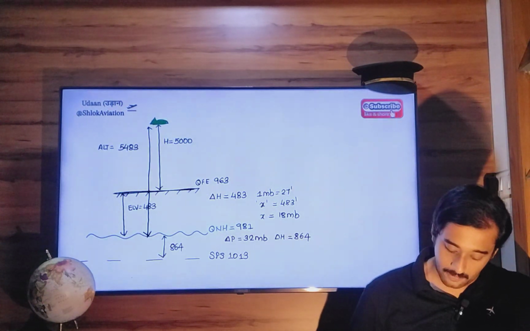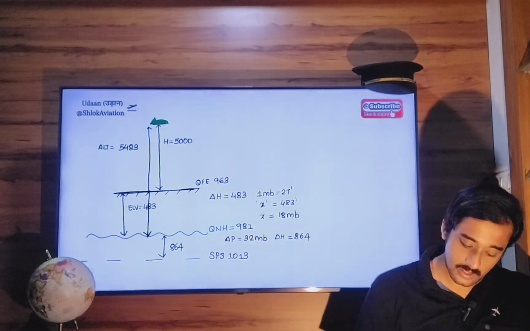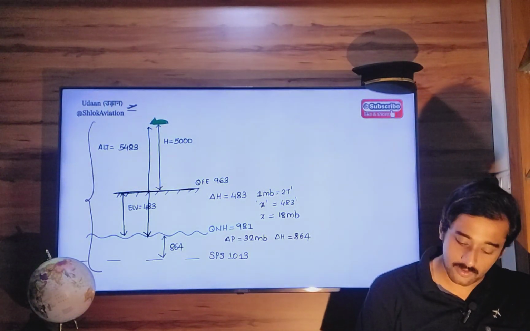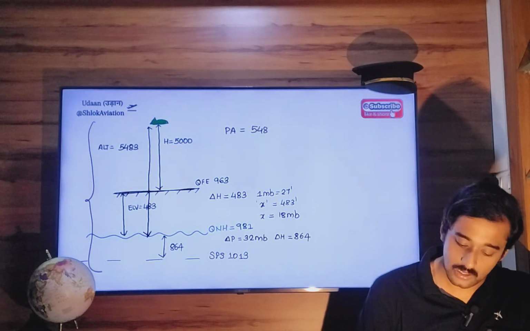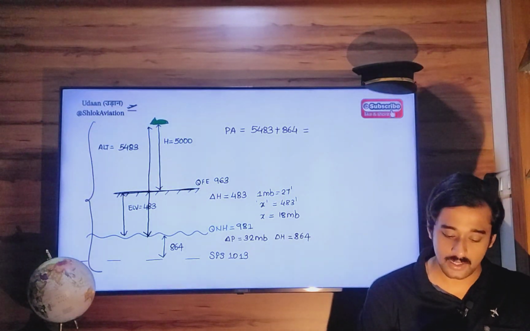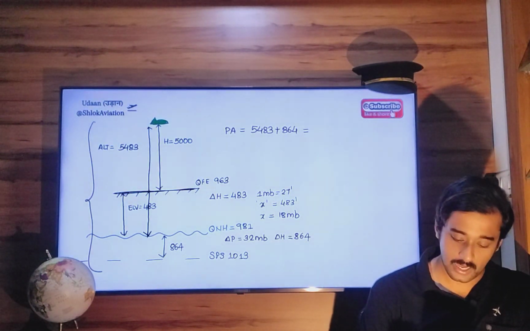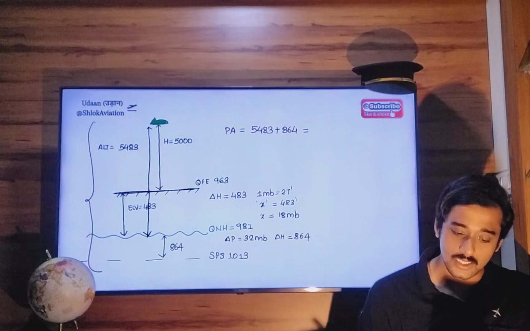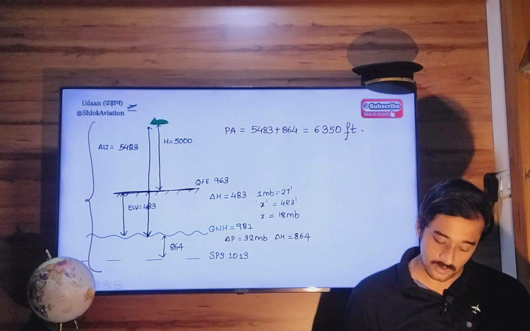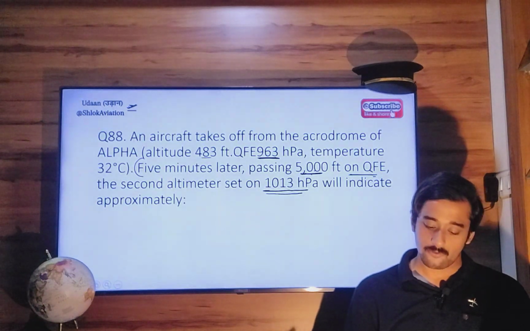So your pressure altitude will be 5483 altitude plus 864 difference between two pressure levels. So 5483 plus 864, approximately 6350 feet. So the pressure altitude will be 6350 feet.